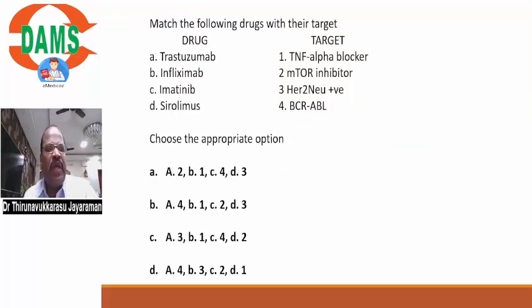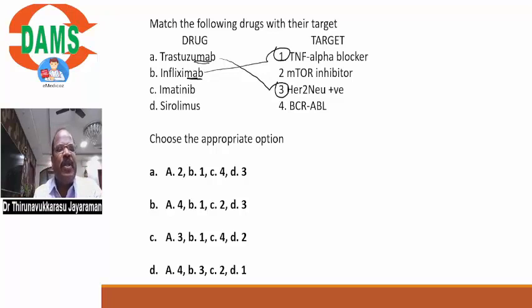Matching type of question. The given drug and target, asking to match the following drug targets. Trastuzumab is a monoclonal antibody useful for breast cancer, acting in HER2 positive breast cancer. So 1A means 3. Infliximab is a MAB useful for rheumatoid arthritis. It's a TNF alpha blocker. That means B means 1. Imatinib. Any drug name ending with nib, they call a tyrosine kinase enzyme blocker.